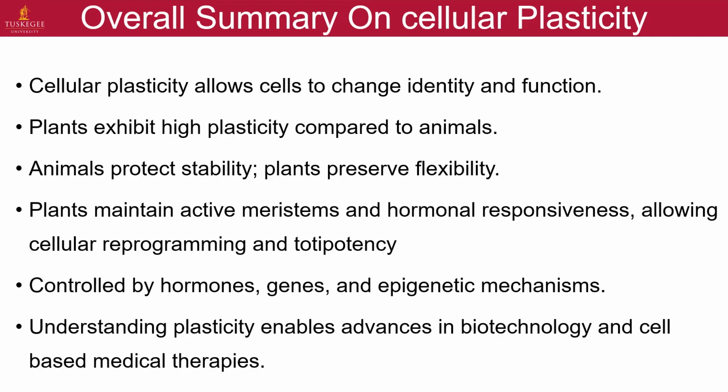They are able to respond to environmental cues and changes, and all this results in molecular adjustments, including epigenetic modifications. Plants maintain active meristems and hormonal responsiveness, allowing cellular reprogramming and a higher totipotency to occur. Cellular plasticity in both plants and animals is controlled by hormones, genes, and epigenetic mechanisms.